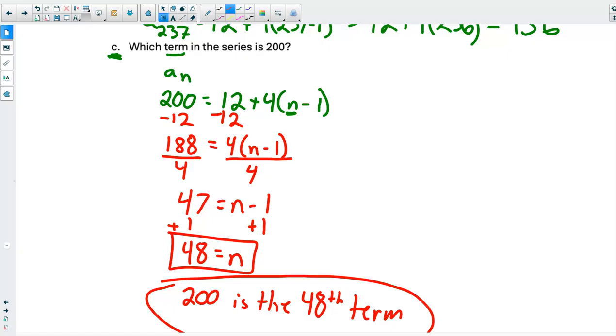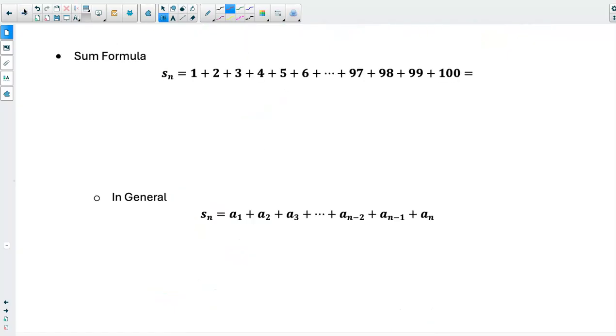Okay. Who can tell me, or who remembers something, given this as something to prime your brain, something about Gauss? Anyone remember the story? So sad.